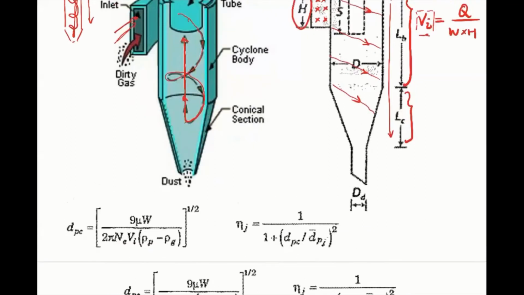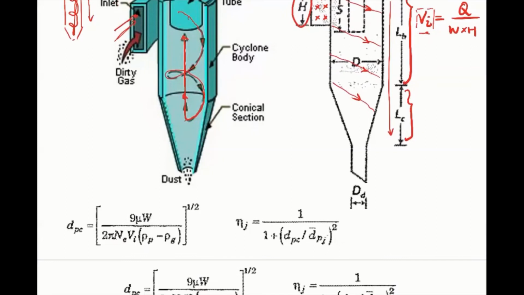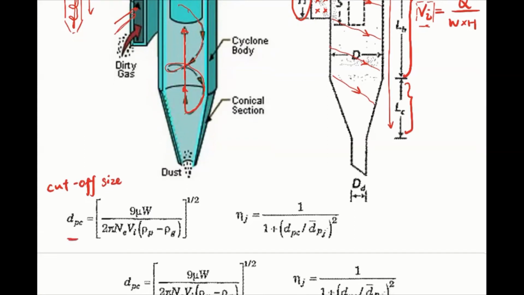For each design of the cyclone, people define a parameter called the cutoff size. This is a critical size for a cyclone. If the particle has a size larger than this critical size, it's going to have a higher collection efficiency.